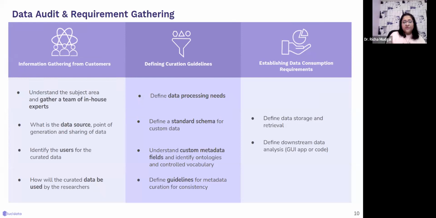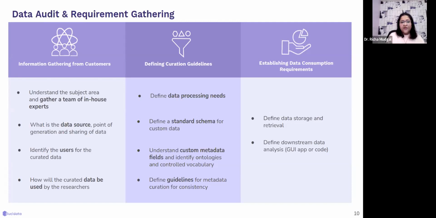We also want to identify who will be the users of the curated data. So even though standardization and usability is an issue, it's also important to understand who the real users would be and how they would like to use it. It's also important for us to understand how they would use the curated data, whether it is for integrated purposes or multiomics analysis, and how that would essentially help them in using the data.